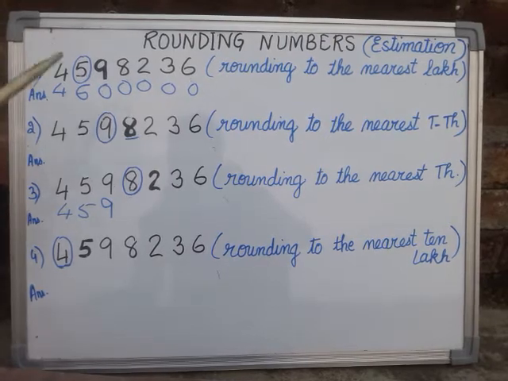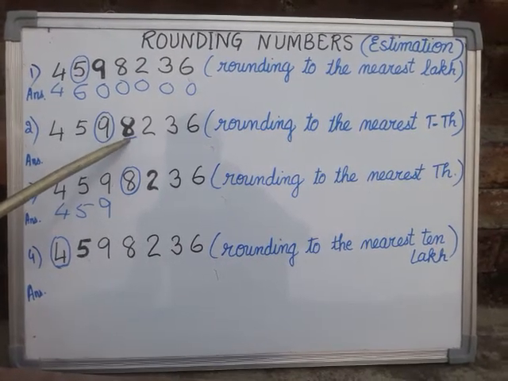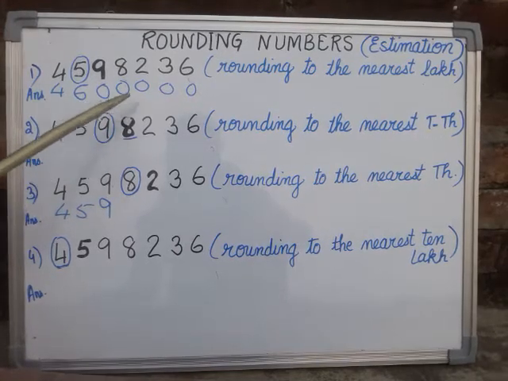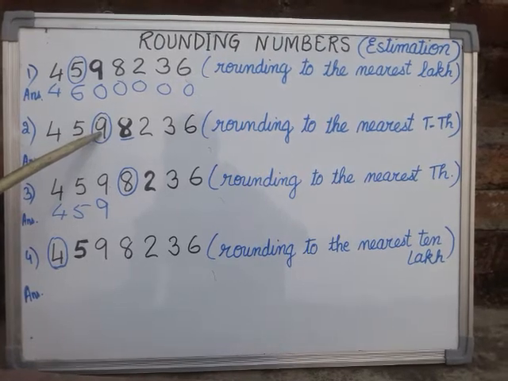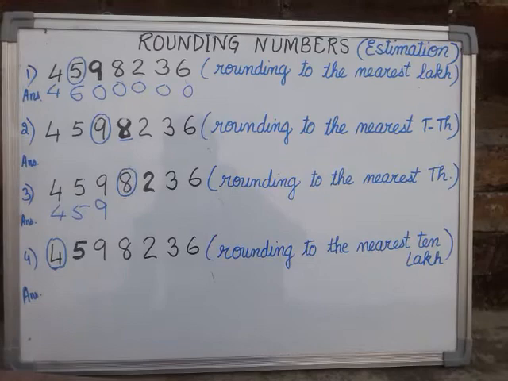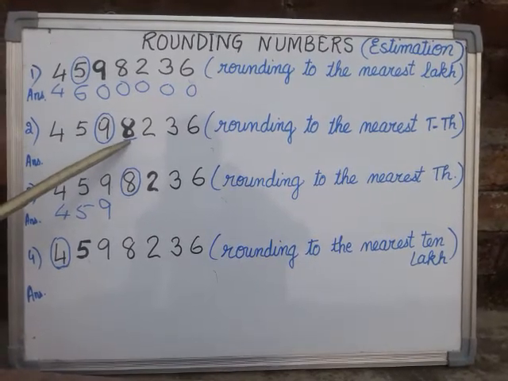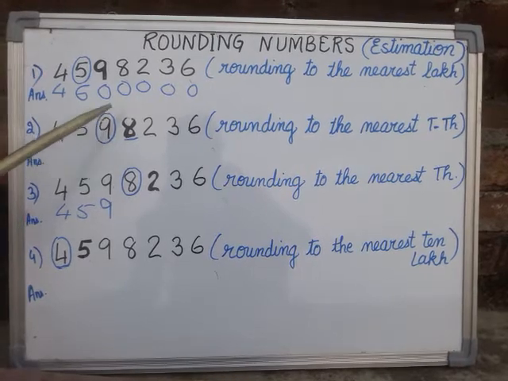If the right side number is 5 or more than 5, then the required place is increased by 1 and the rest will become zeros. So yes, it is more than 5. We will increase the required place by 1. So 9 will become 10.